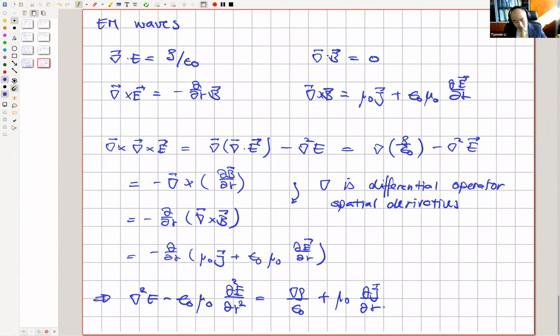Okay. Now this here, especially if you take a look at the left versus the right-hand side, what we have here is a so-called wave equation. This is the Laplacian of E, and then the second time derivative with respect to t, equals some source term, right? The gradient of the charge density and also the time derivative of the current density. This is the so-called wave equation.